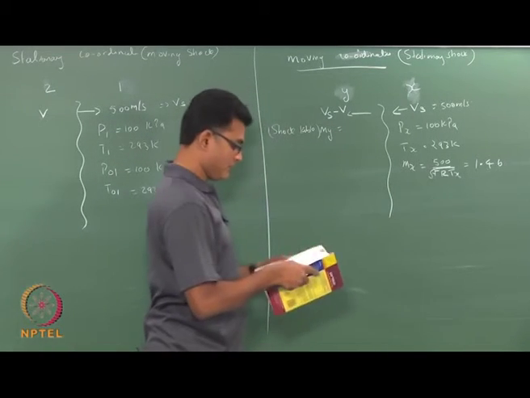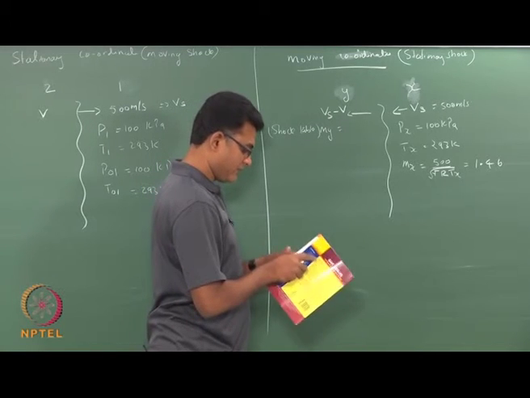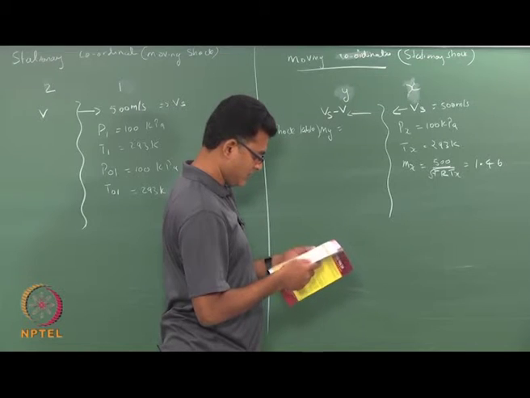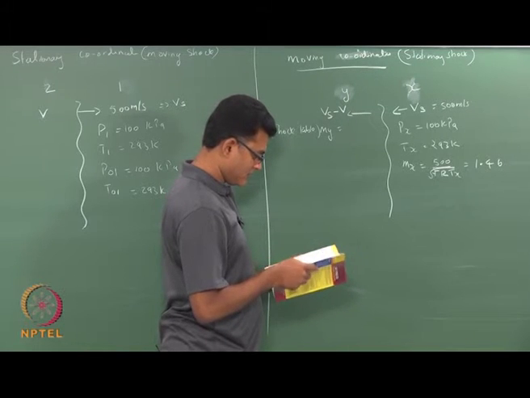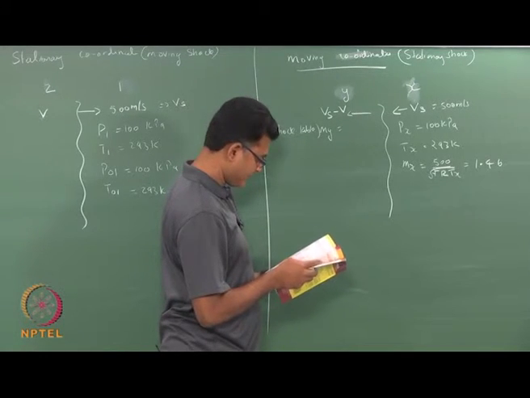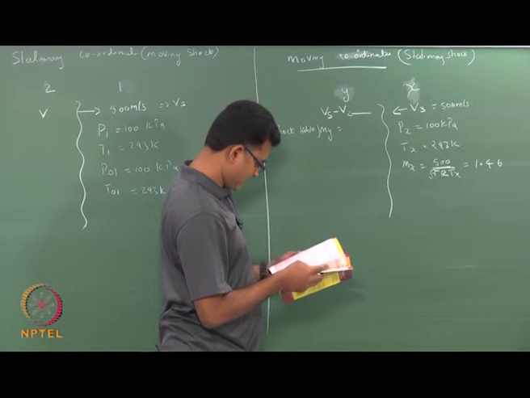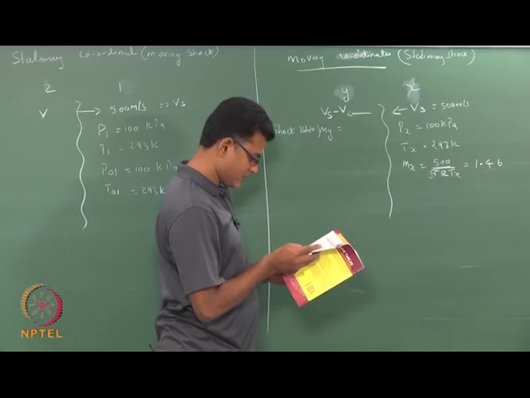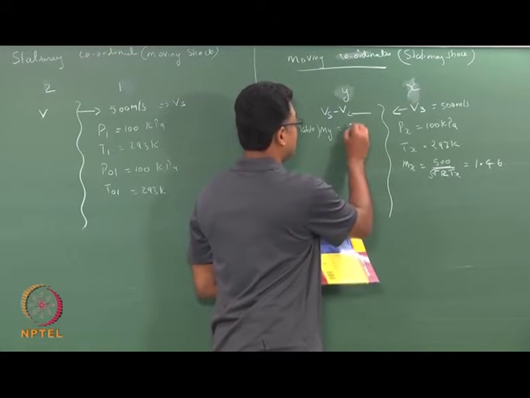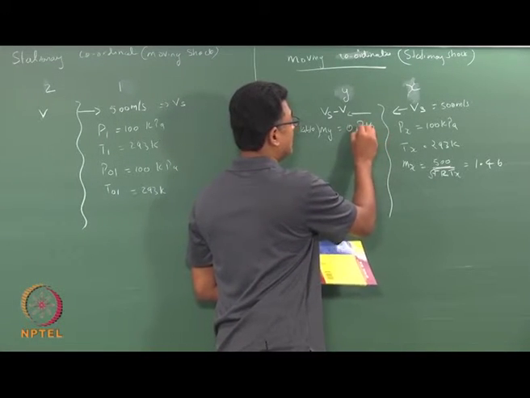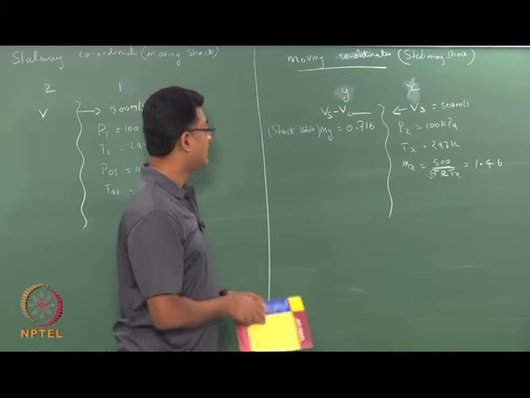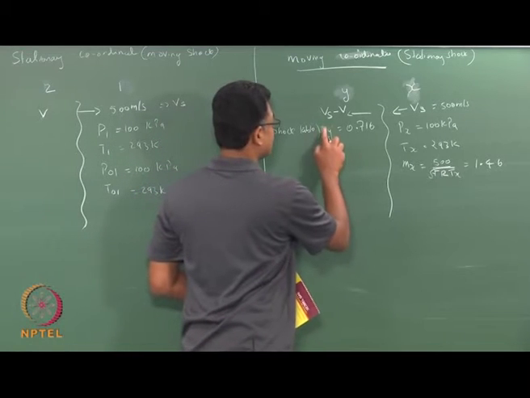I would get my My, for gamma equals 1.4, using shock tables, as 0.716. So now I know my My.